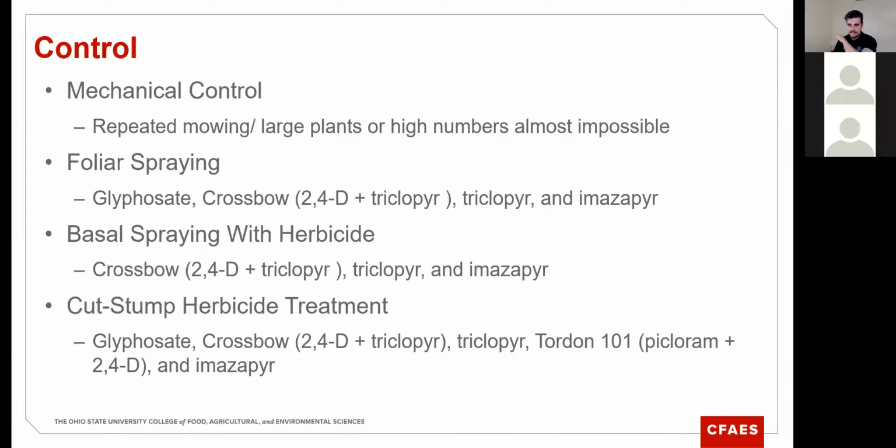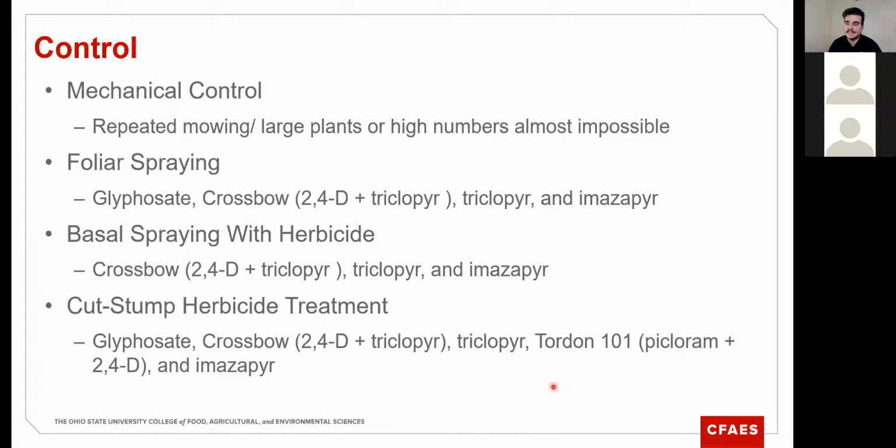Remember, a cut stump is basically when you chop it off with whatever you have available. You chop it off 2 inches from the ground, and you apply that herbicide directly following it. So Tordon, Crossbow, and glyphosate are all herbicides that you can use for that.